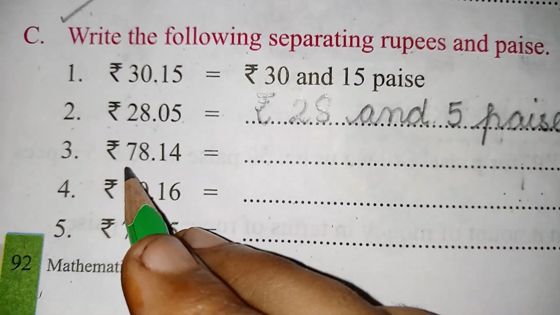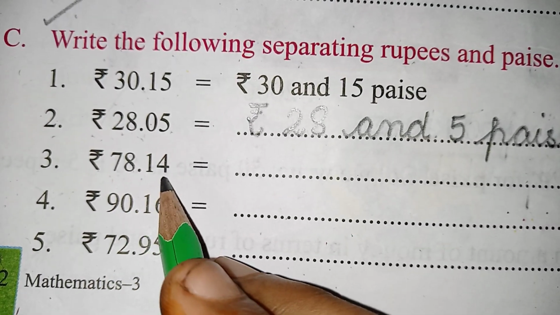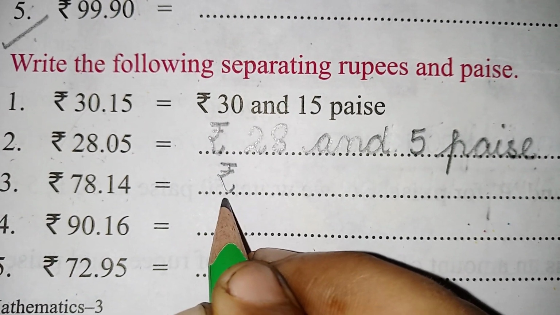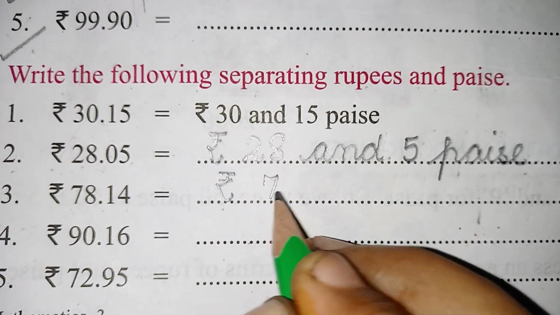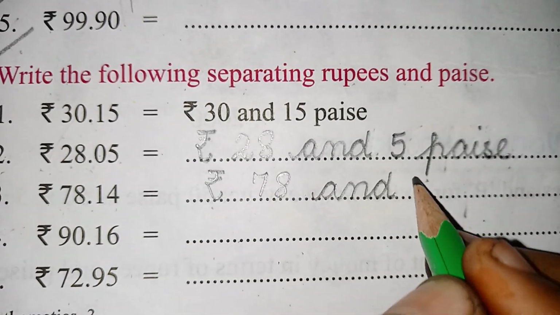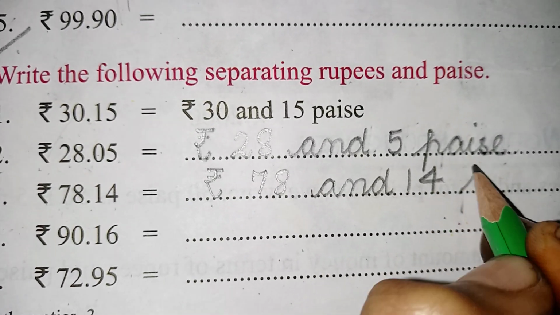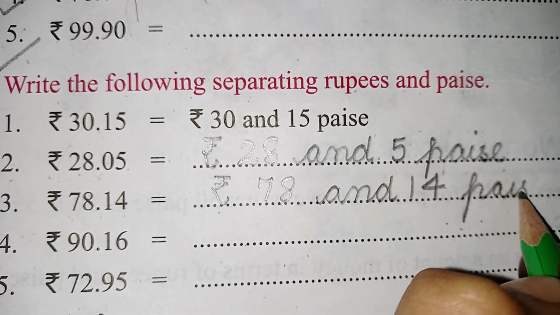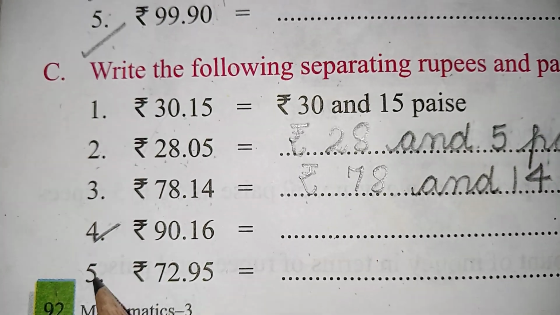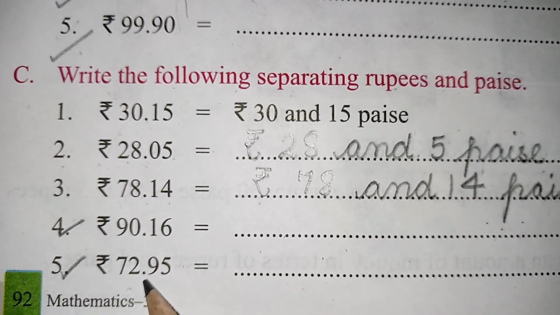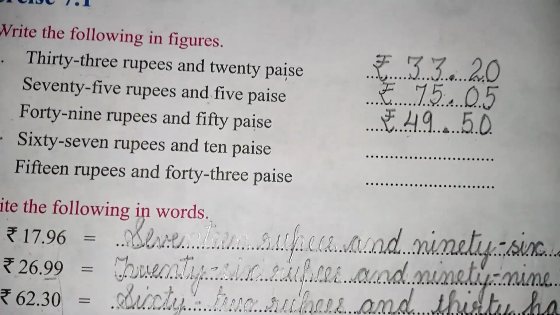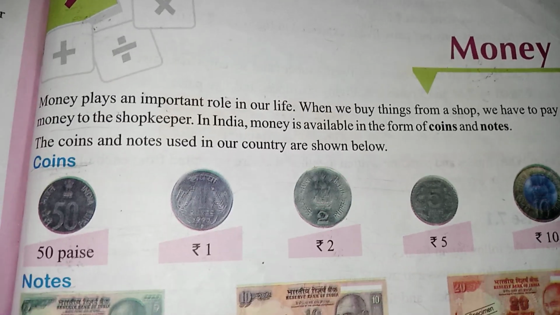Next, rupees 78.14. Write the symbol of rupees 78 and 14 paise. Questions 4 and 5 you have to do yourself. Is that clear?